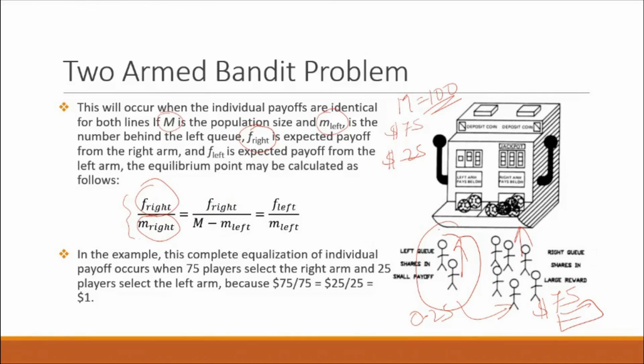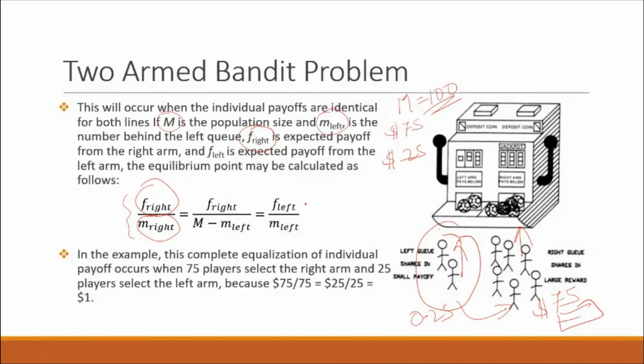So F right divided by M right should be equal to F left divided by M left. That is the condition of the equilibrium, because all the people on the right side will be getting the same amount, and all the people on the left side will also be getting the same amount. So F right divided by (M minus M left) equals F left divided by M left.